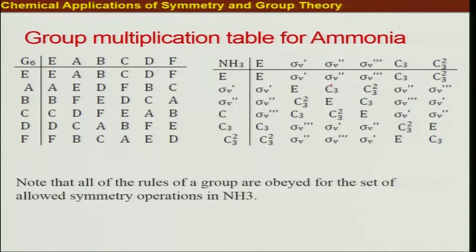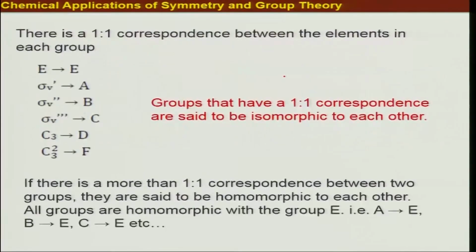Now, the most interesting fact you will find out is if you look at the correspondence between the elements, or the products which you form by this group multiplication, and compare each of the tables. You compare the element at row 1 column 1, or say row n column n, and you try to find out what is the similarity there. And what you will see is that there is a 1-to-1 correspondence between the elements in each of the groups.